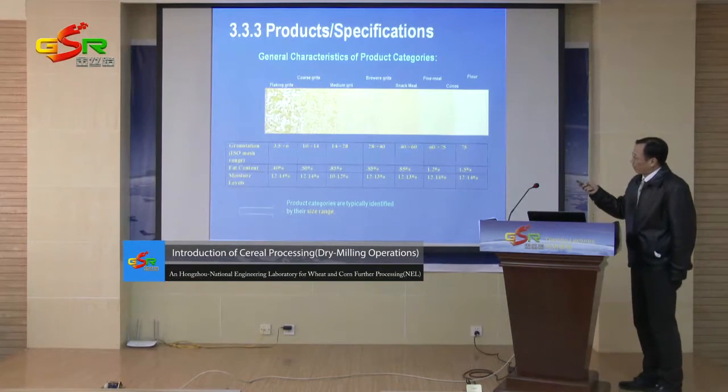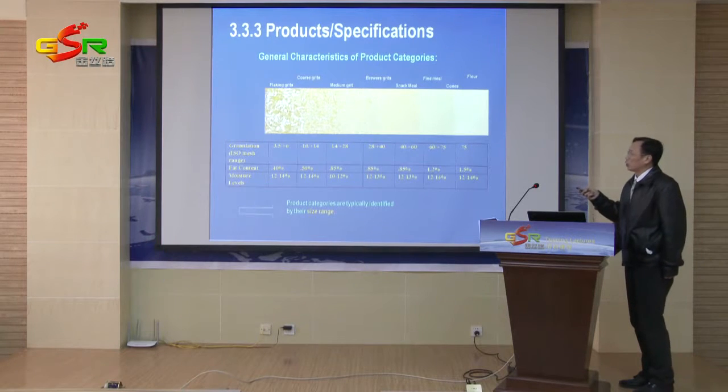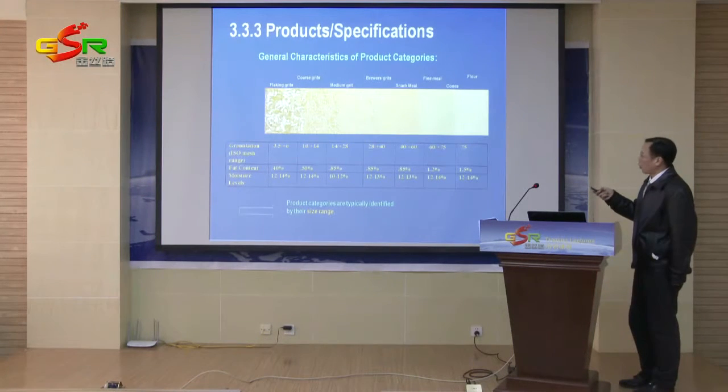From the complicated dry milling for corn, we can get different quality, different properties products to meet different market requirements.